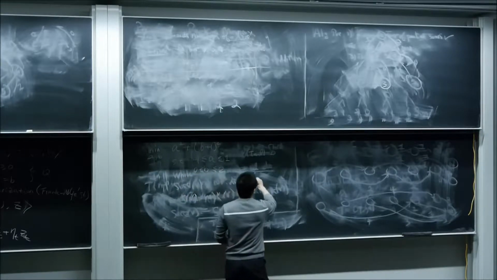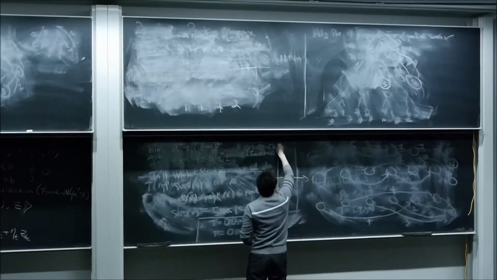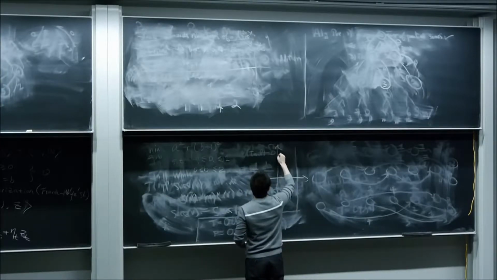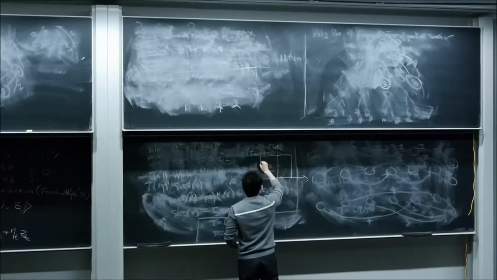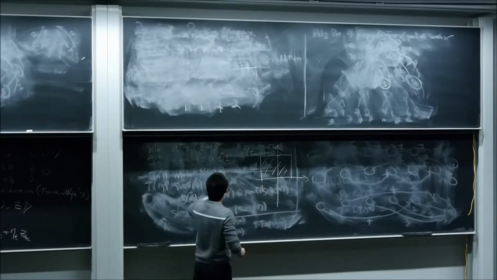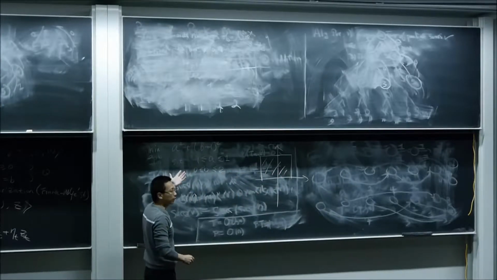If I draw a picture, I have -1 here, 1 here, 1, 2. So this is my feasible region, Q, and this is my objective function. I'm trying to minimize this.